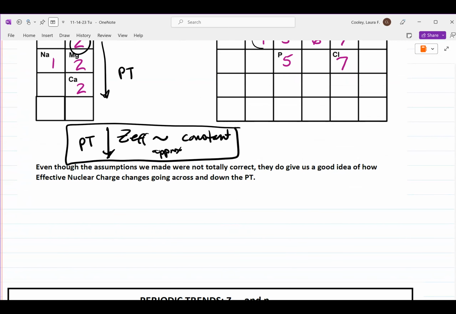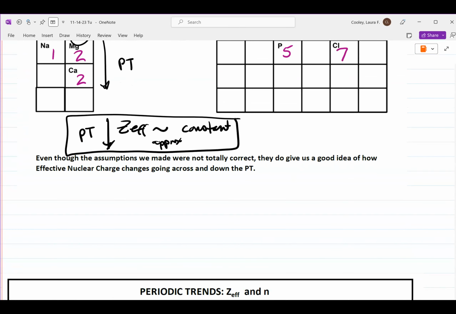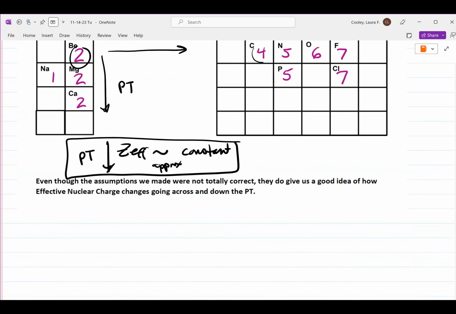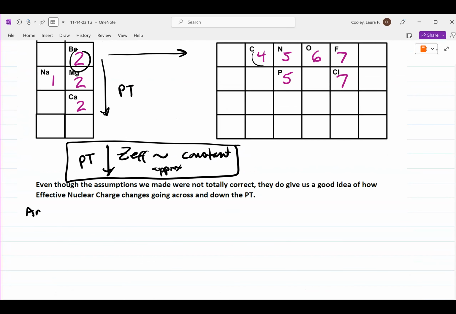There's one more factor, however, which is easier to understand than this business with Z effective. The other factor has to do with the value of n for the valence electrons.